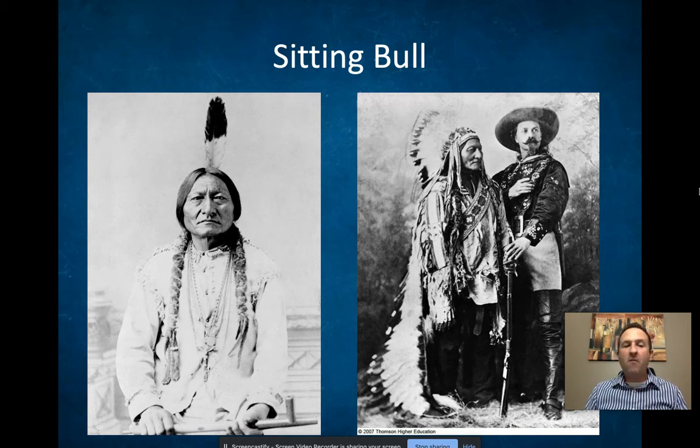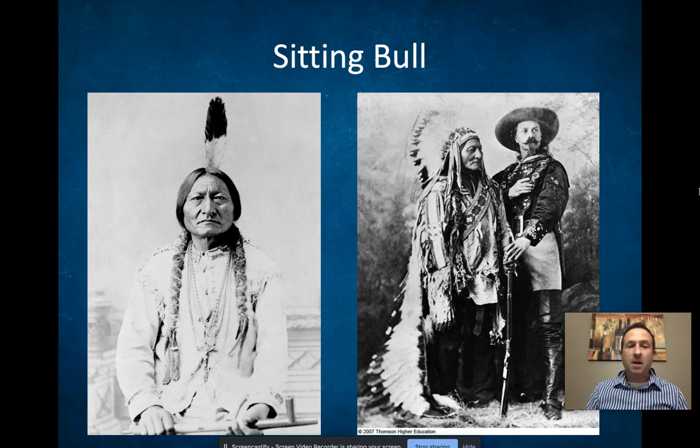And when the gun went off, one of the arresting officers took his revolver and shot back. He didn't shoot Catch the Bear. He shot Sitting Bull in the chest. Another officer took out his revolver and shot Sitting Bull in the head. And the chief dropped to the ground.